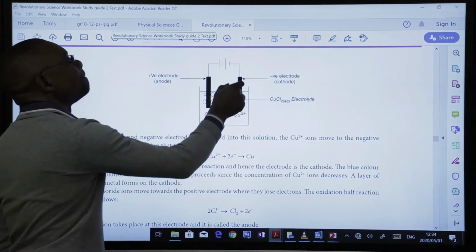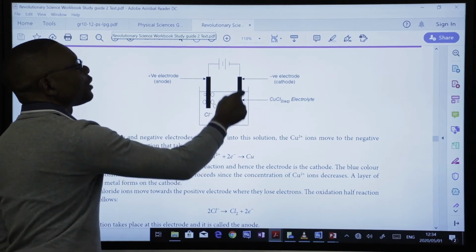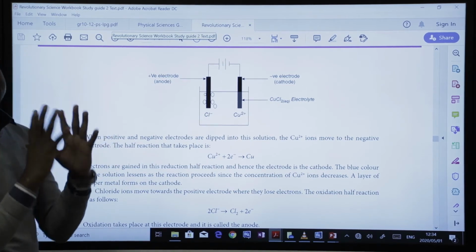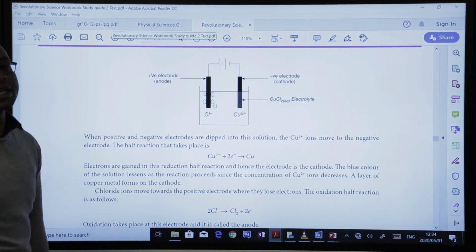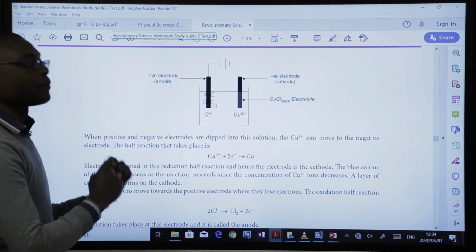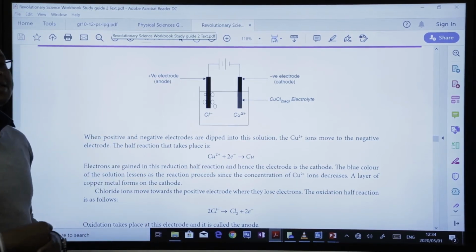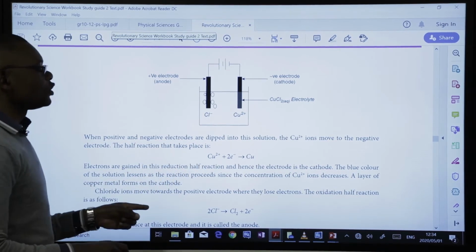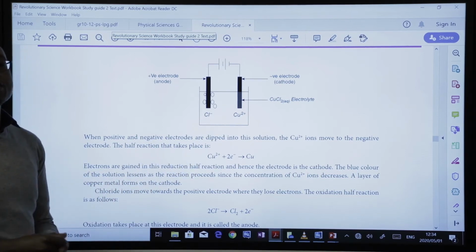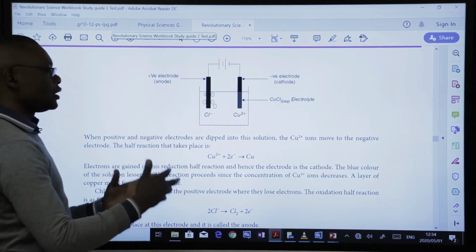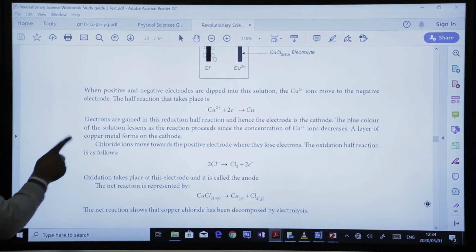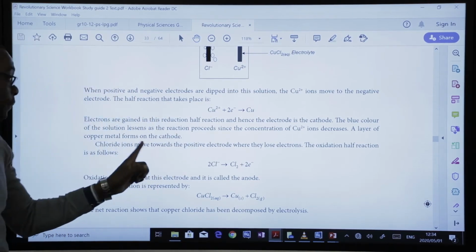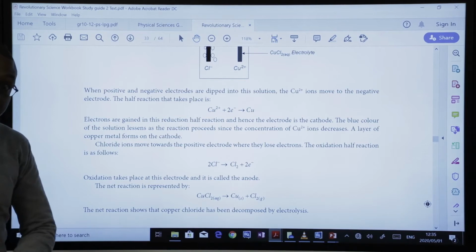So if you see a brown layer or a reddish brown layer forming around the black carbon electrode of the cathode, then you automatically know that that's copper, which is being reduced at the cathode by picking up electrons, and they change from copper 2 plus ions to atomic copper solid particles. Okay. So the electrons are gained in this reduction half reaction, and hence the electrode is the cathode.